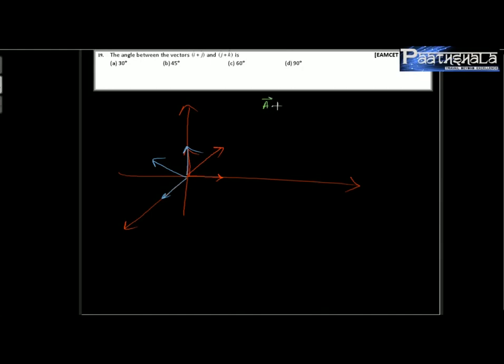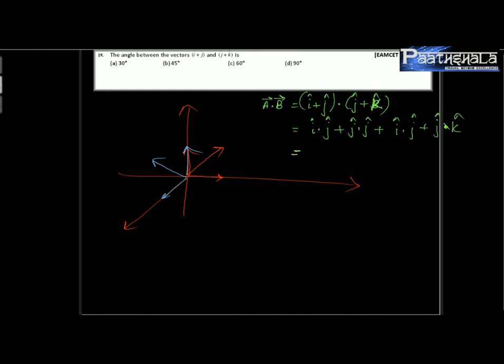So A dot B is going to give us i plus j dotted with j plus k. So this gives you i dot j plus j dot j plus i dot k plus j dot k.